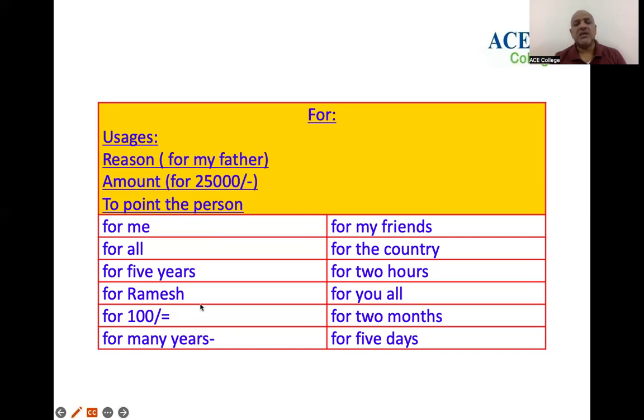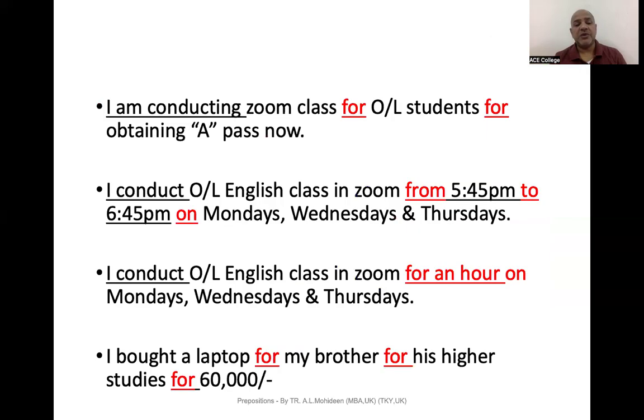So this is the situation that you are going to use for. You have to understand for is going to be used to tell about the reason for what you are there, and the amount for how much you have purchased, and for whom, for which person you are going to purchase. Yeah, you are going to point.